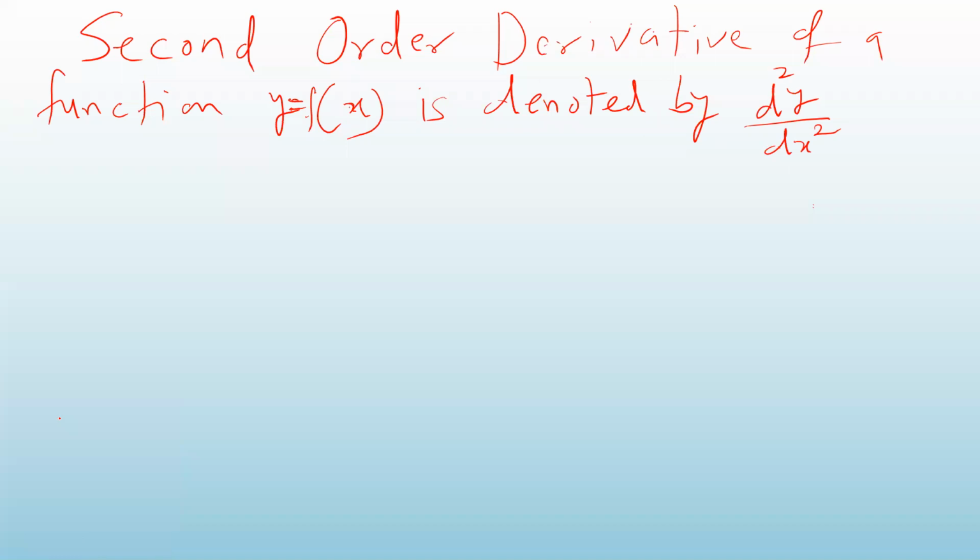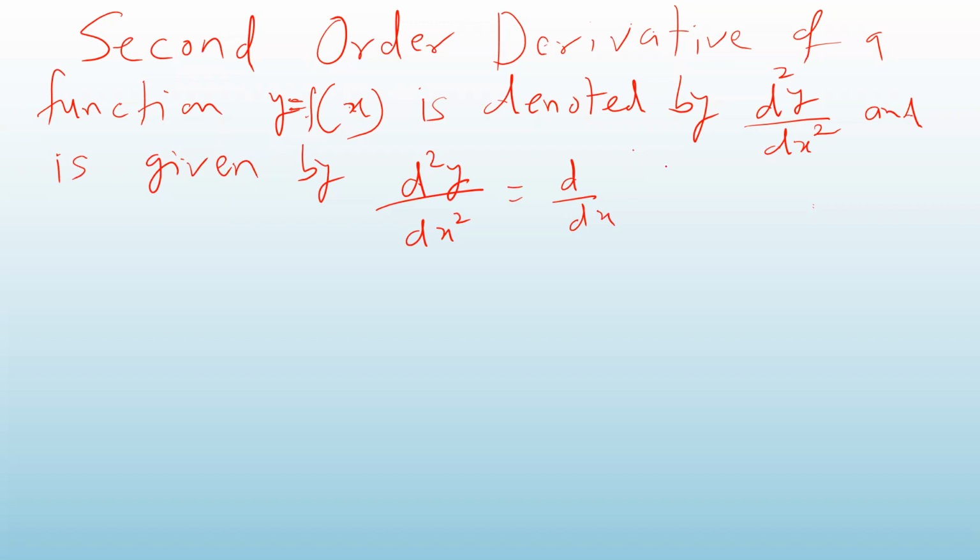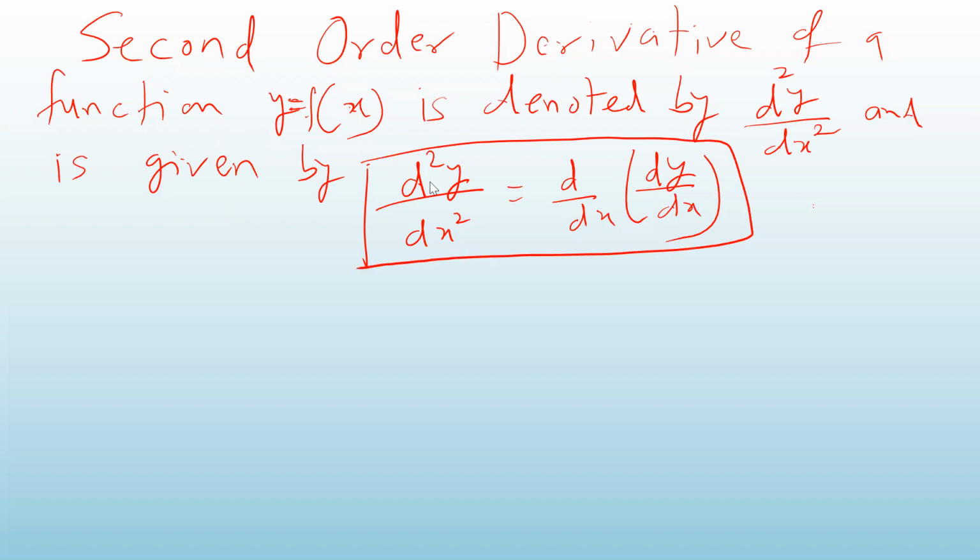It is denoted by d square y by dx square. The second order derivative of y with respect to x is the derivative of the first order. Look at this. How do you calculate the second order derivative of any function? You take the derivative of its first order. Okay, that is the second order derivative.